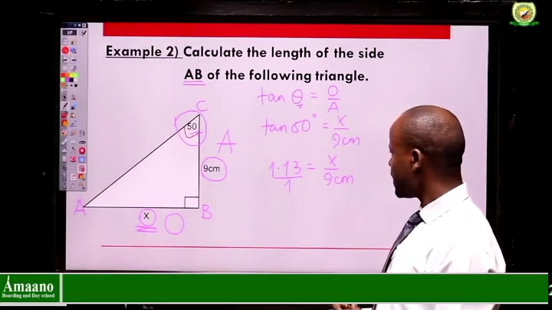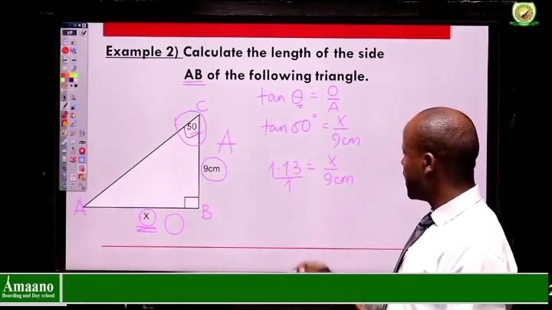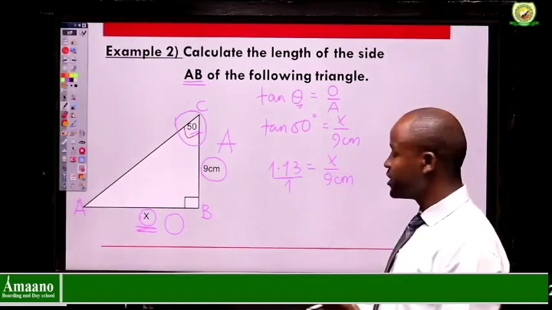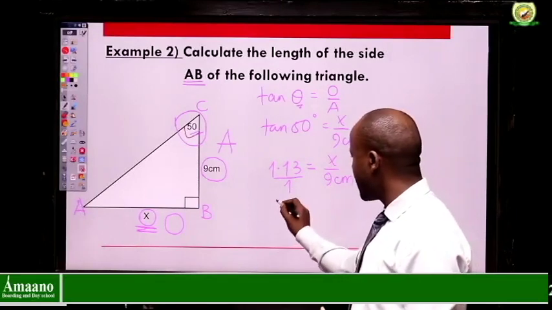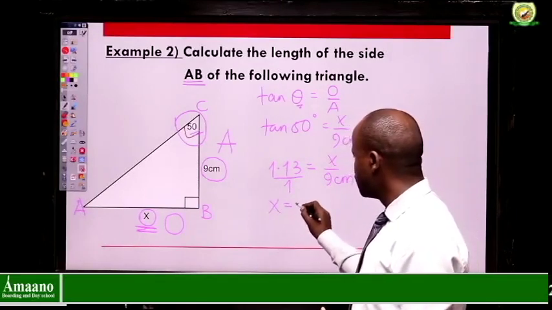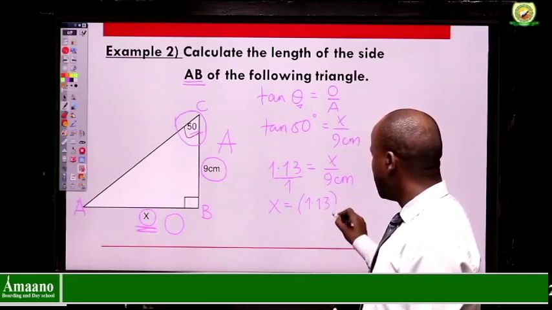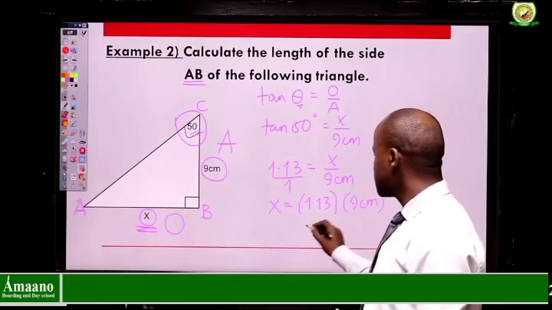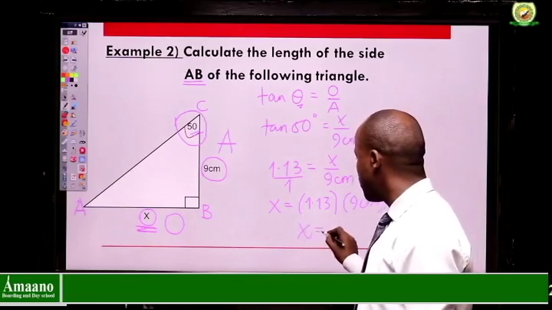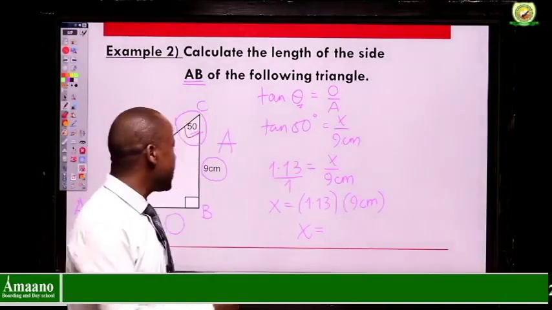Okay, so as we did in example number 1, you can give a denominator of 1 for this, and then using cross multiplication you can find the value of x. How? x times 1 is x, which is equal to 1.13 times 9 centimeters. So the value of x, or the length of side AB, how can you find it?